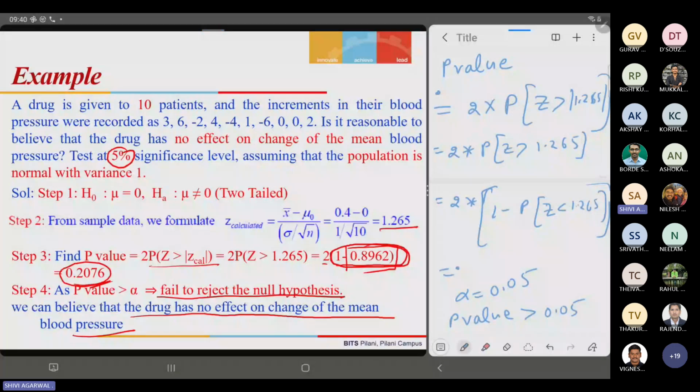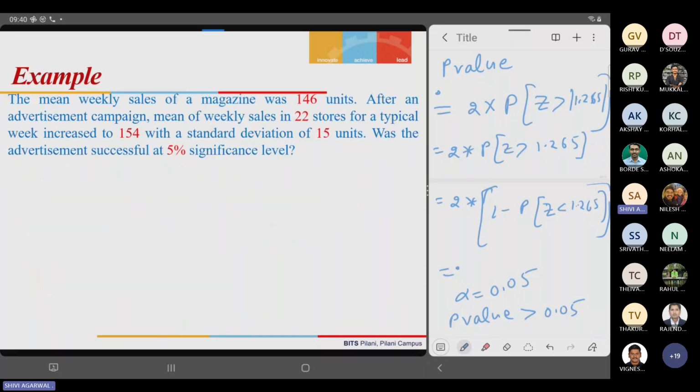Fail to reject H naught means we are accepting H naught, and we are not accepting that mu is not equal to 0. Got it? Any query?